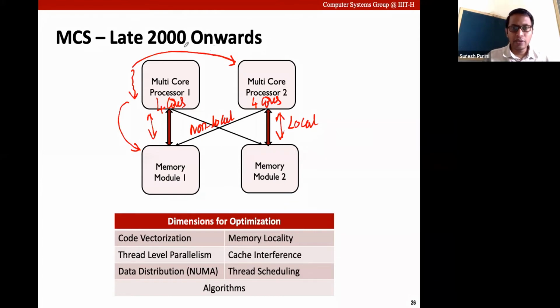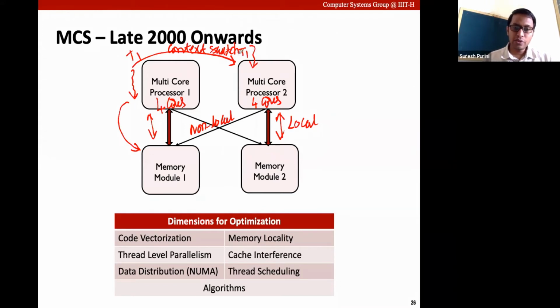So after a context switch, the thread T1, which was running here, is now running on this processor. Now all the memory accesses have become non-local.